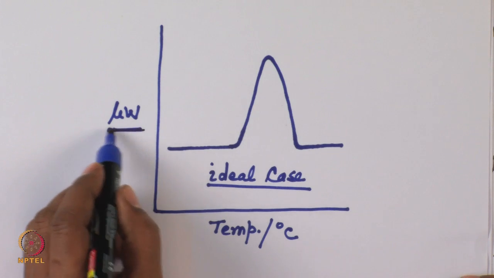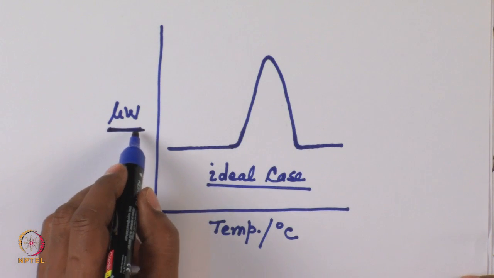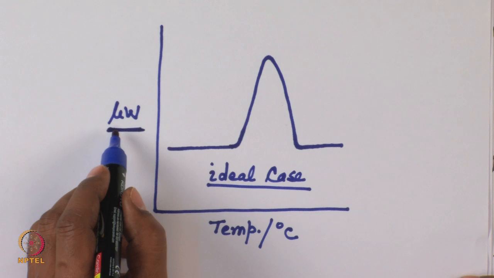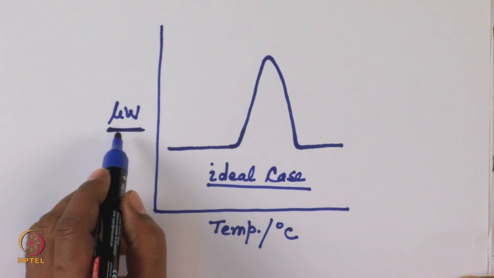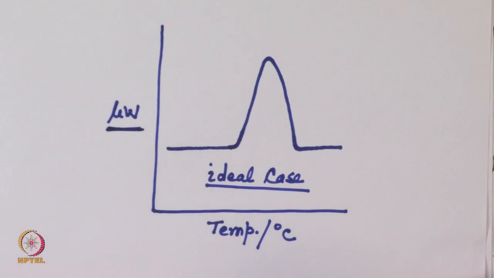But I want to convert this power into a thermodynamic quantity such as the heat capacity. How can we convert power into heat capacity? Let us look at the slide.